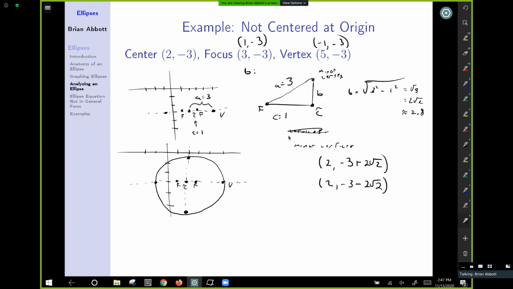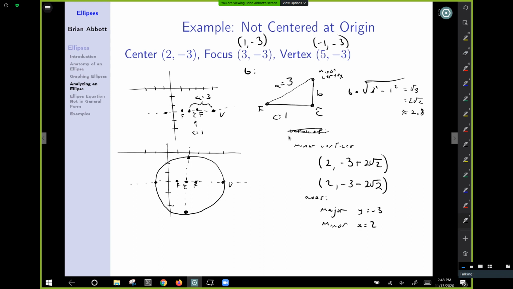Last but not least, we can identify our axes. Our major axis is longer in the horizontal direction, so the horizontal line is y equals -3, and the minor axis is x equals 2.